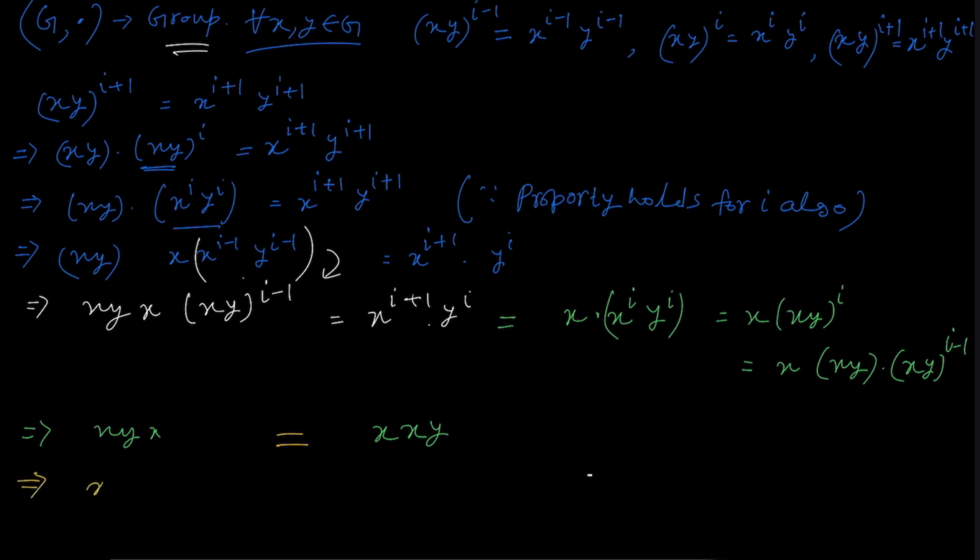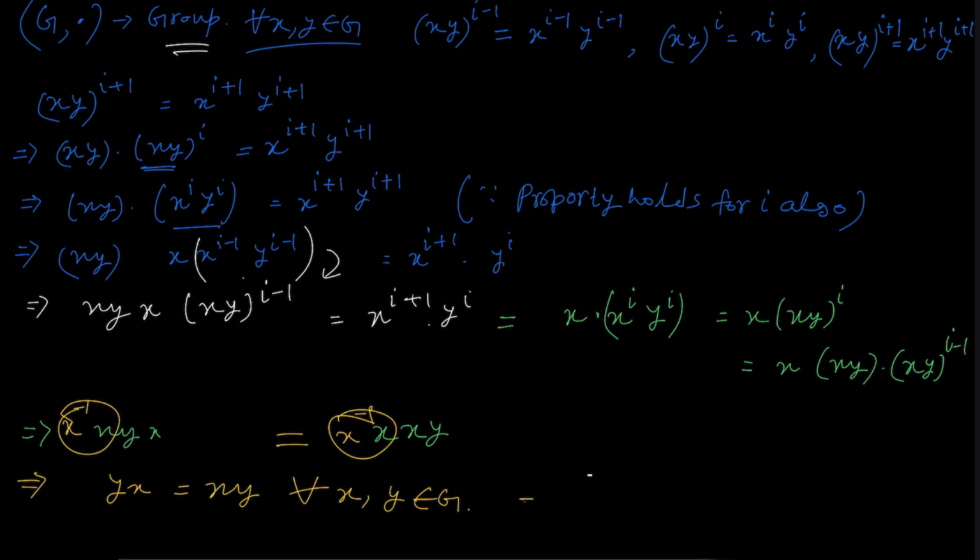Now we can compose x inverse from the left, because x is an element in G, so these two terms give identity. So finally it becomes yx = xy, and this happens for all x, y in G. So this implies G is commutative.